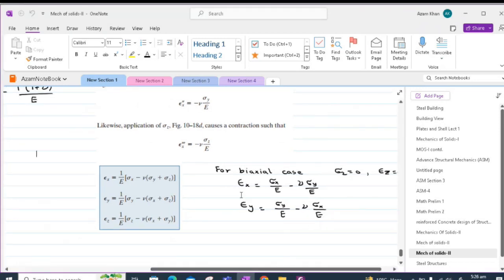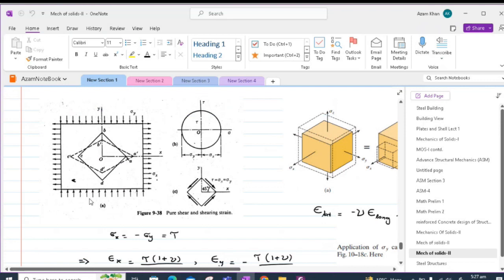Now, these two biaxial strain cases will help us to derive the relation between modulus of rigidity and modulus of elasticity. Let us assume a biaxial stress state having tensile stress sigma x in the x direction and compressive stress sigma y in the y direction.